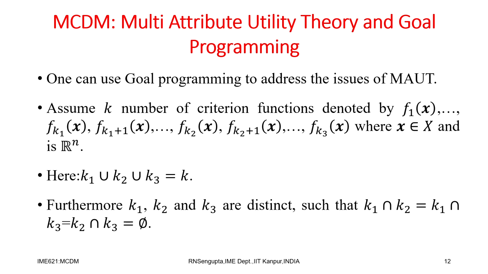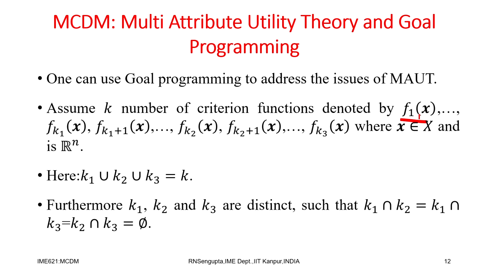So, here let us consider the criteria, which are k in number, denoted by f1 till fk. k is just a number, it can be 13, 14, 40, whatever. I divide them into 3 sets that are distinct, such that the intersection between these 3 sets is a null set.